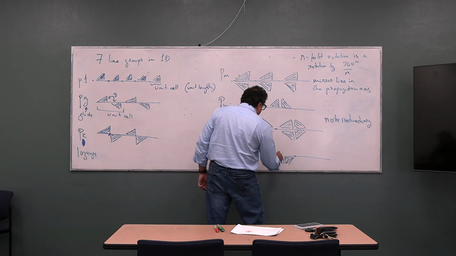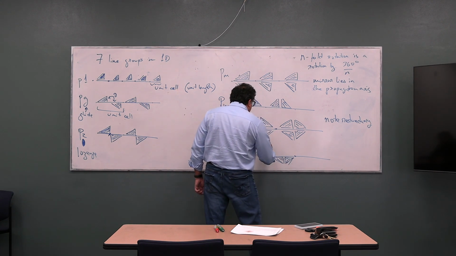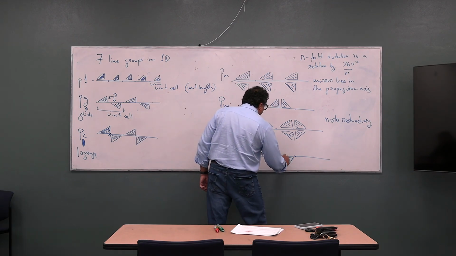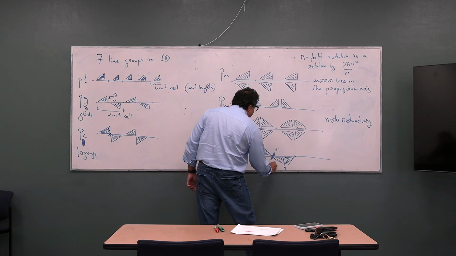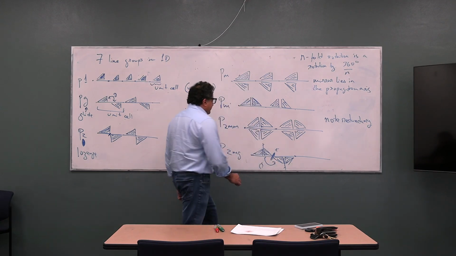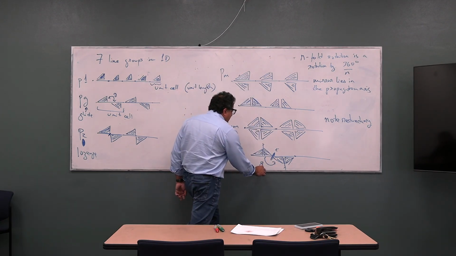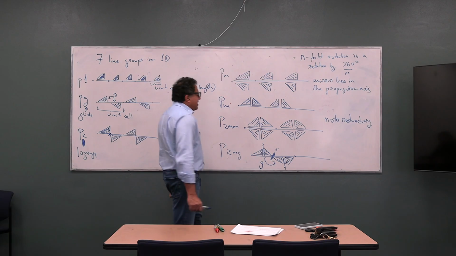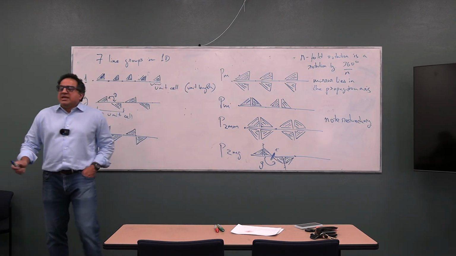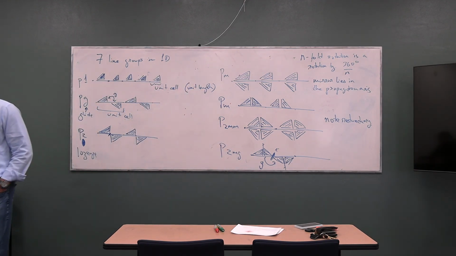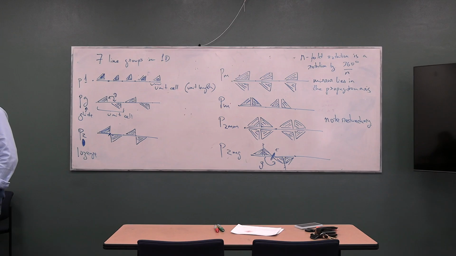And you see that it automatically gives me a twofold rotation. So here's the mirror. Let me draw the mirror like this. Here's the twofold axis, and here's the glide. Again, you see there is some redundancy. I could just say P2G and the M comes in, or I could say PMG and the 2 comes in.